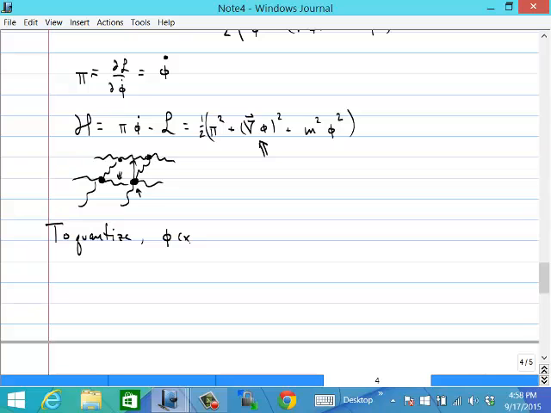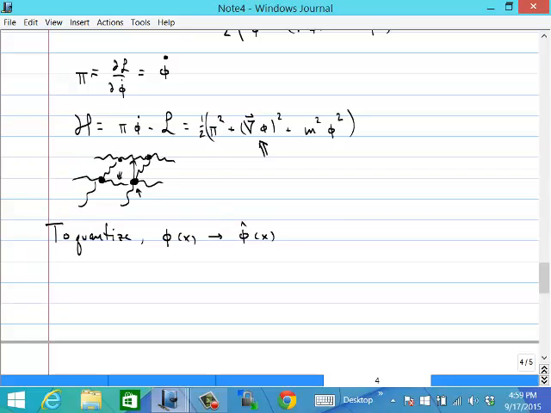Well, we want to take our canonical degree of freedom, phi, and promote it to some operator that I'll call phi hat. In fact, usually I'm going to be lazy and just call it phi, in the same way that in quantum mechanics, you usually just eventually drop the hats once you get used to the fact that x and p's are operators. And the question is, what is the Hilbert space? And what is the Hamiltonian on this Hilbert space?